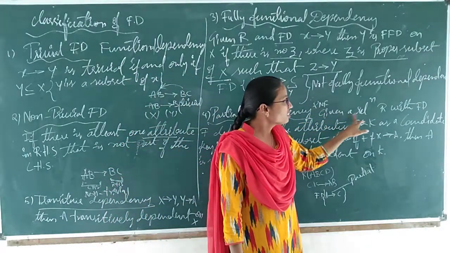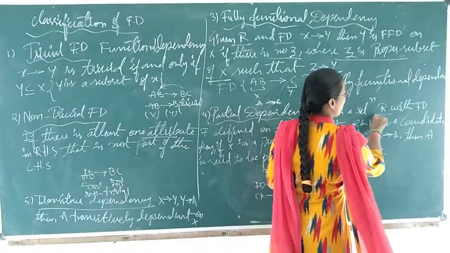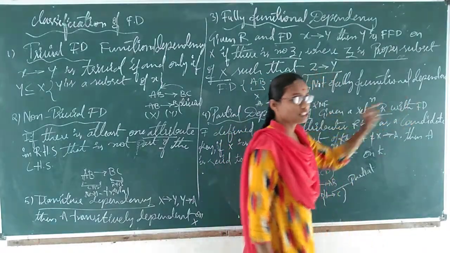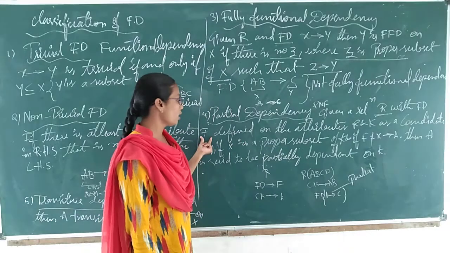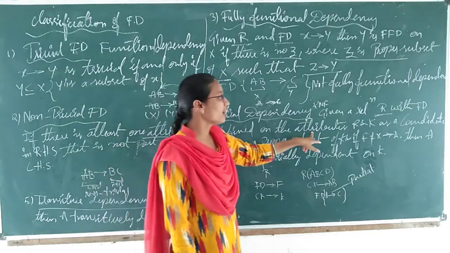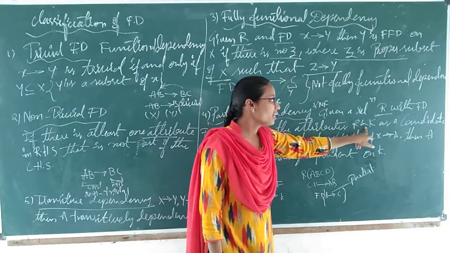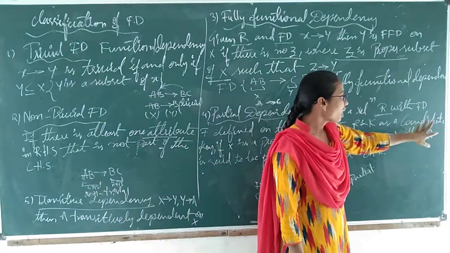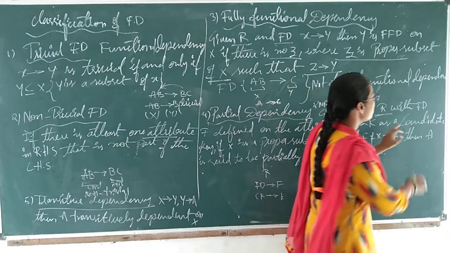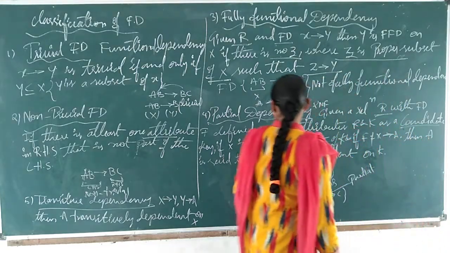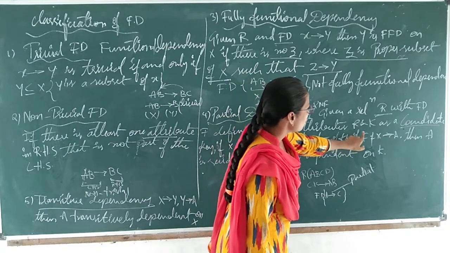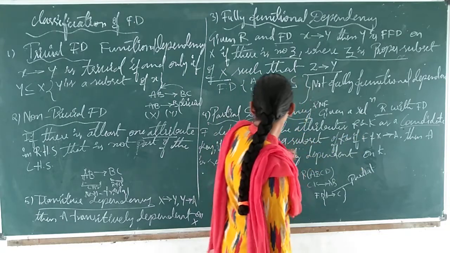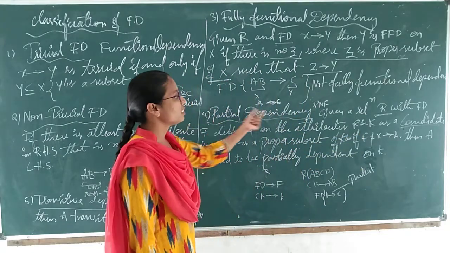Next, the fourth one is partial dependency.